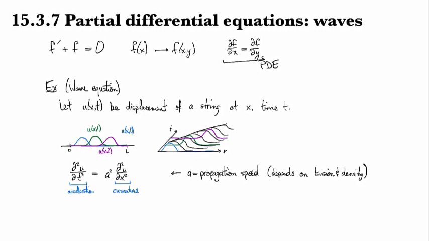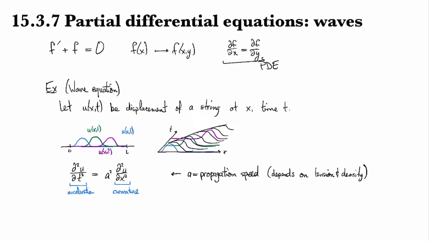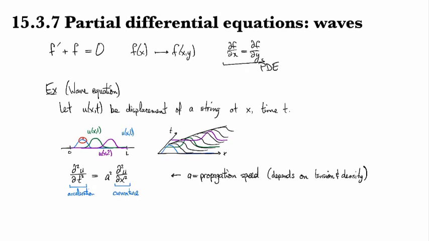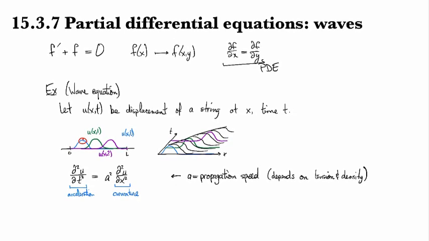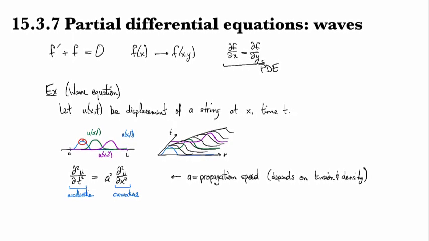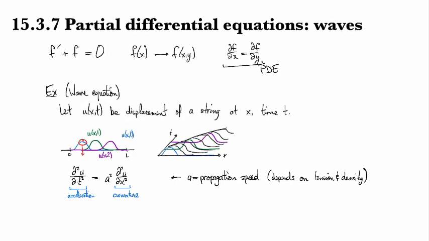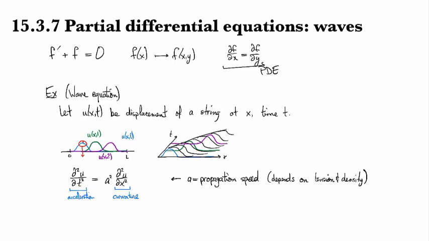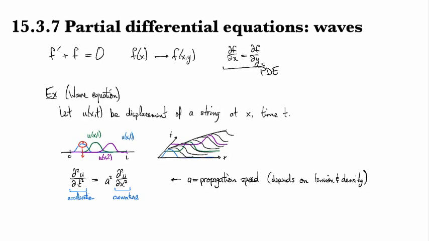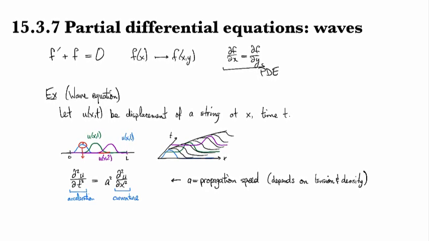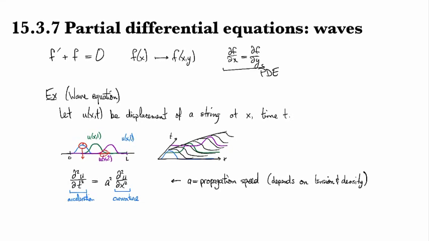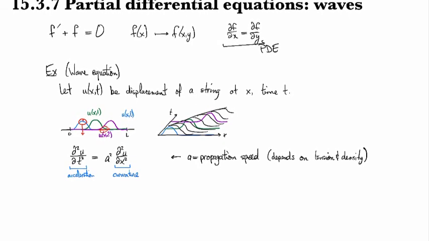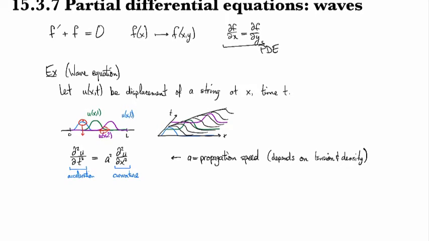For instance, where the curvature of the function is big, like the blue one right here, that's where the acceleration is greatest, and it's in the vertical direction only, because we're looking at just a one-dimensional wave. Over here, the blue one is flat, and so there's no acceleration whatsoever. That's just a way of looking at the difference between the time and space variables.